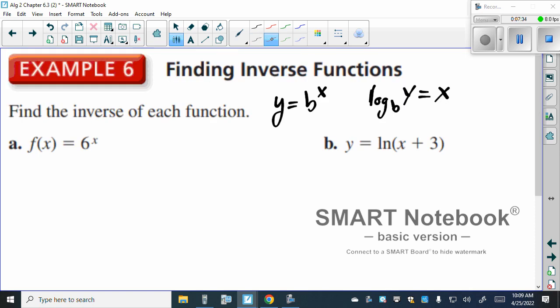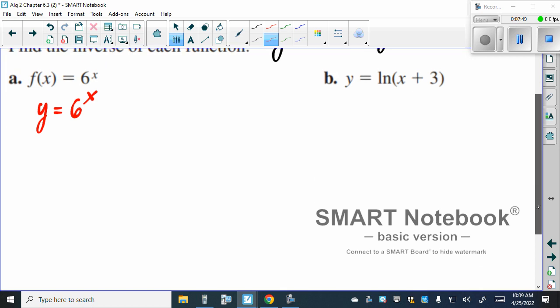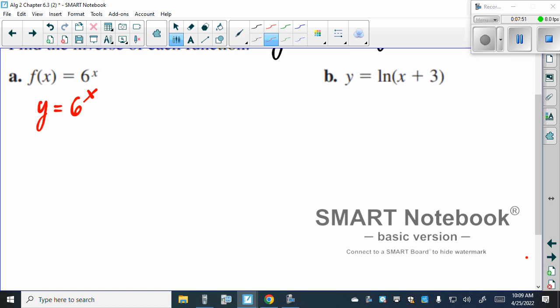So when we look at this first one here, as we did in the last chapter, the first thing we need to do in finding an inverse, when they give us the function in the form of f of x, is rewrite f of x as y. What was our next step in finding the inverse? Right, technically we would need to switch x and y. And exactly, then we can rewrite this as a log.